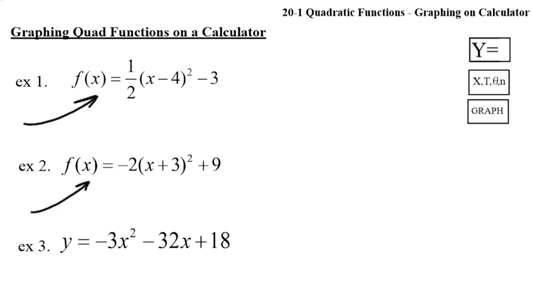You can put it in when it's in vertex form, but this last one, we don't have vertex form. But because it has that x squared in it, we know it's going to be a quadratic. Even if it's not vertex form, if I punch this in, I can still end up with my quadratic function parabola. So let's put these into our calculator, pause the video, and start substituting into your calculator.